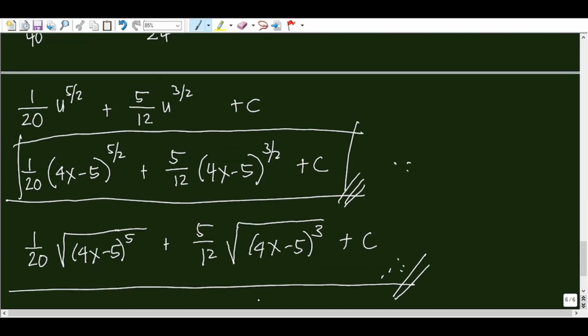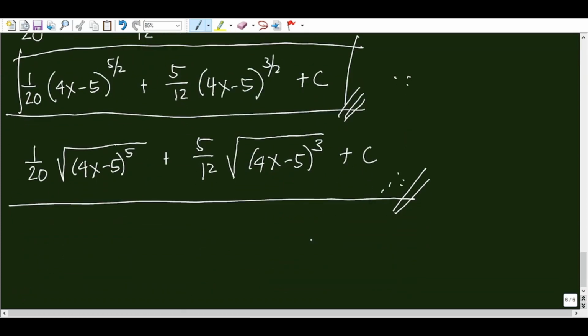Okay? In the notes I have posted, mayroon post test sa page 2. So, may post test tayo sa page 2 ng notes na pinost ko.